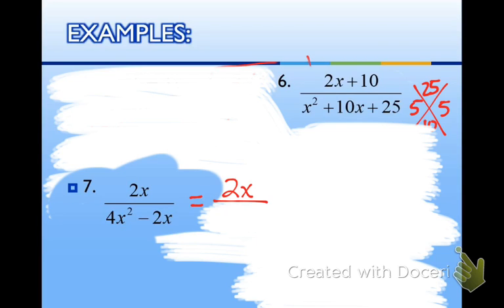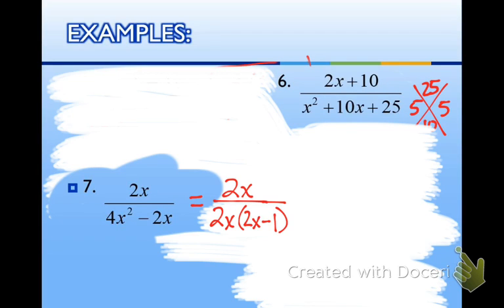So we check for a GCF, which is 2x. And what's left over when we factor out 2x? 2x minus 1. Remember, if you divide something by itself completely, what's left over is a 1.